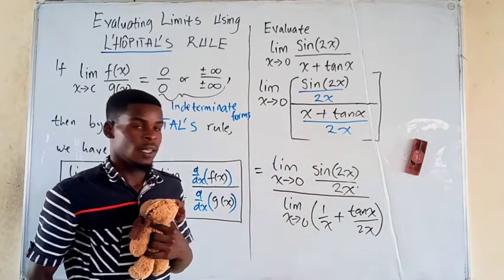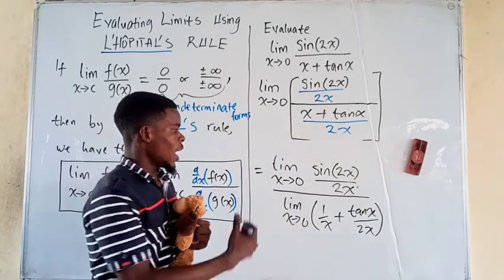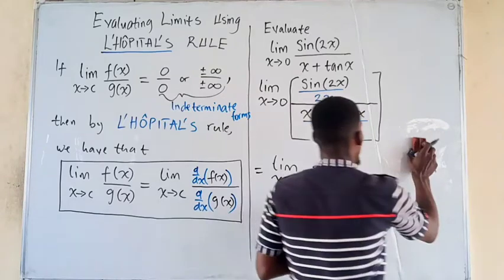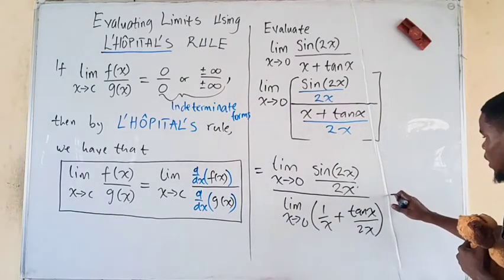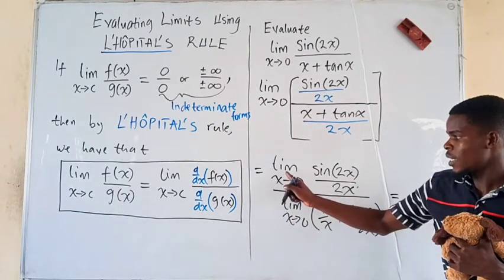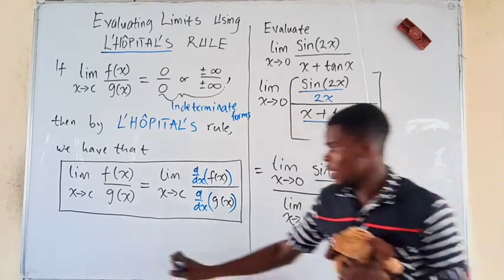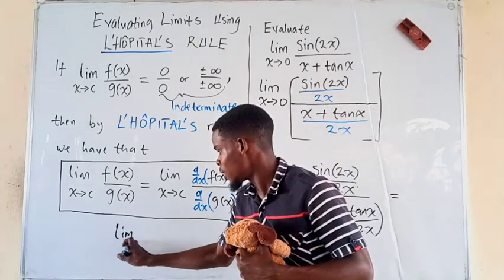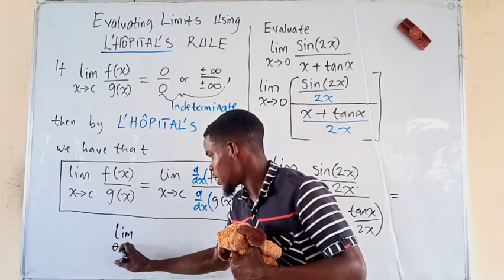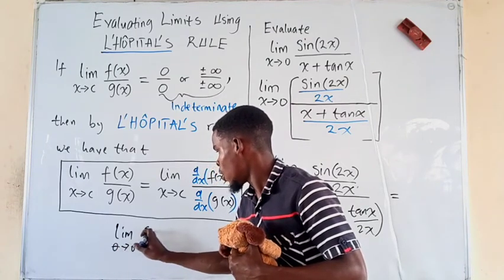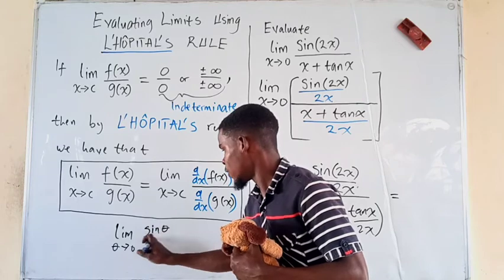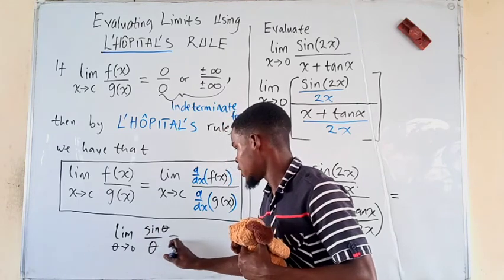I'm going to use a well-known property: the limit as theta tends to 0 of sine theta over theta gives us 1.